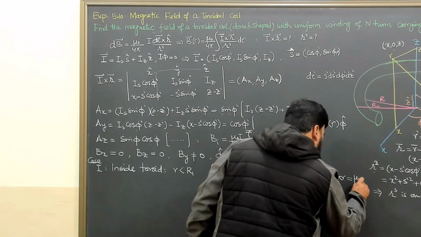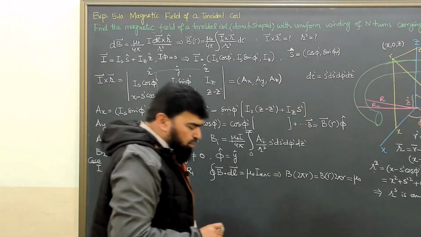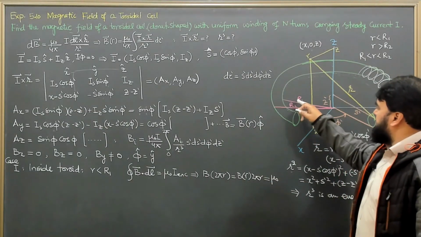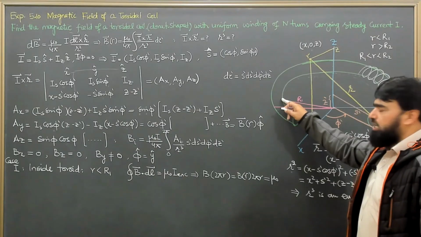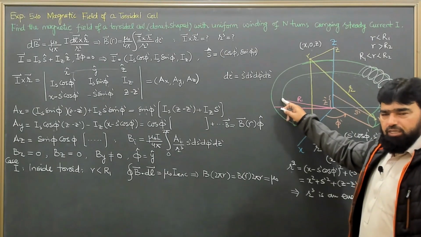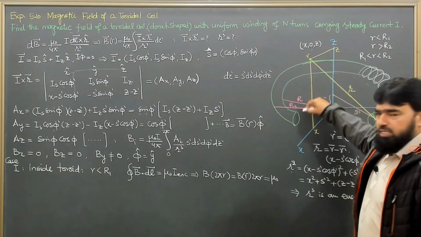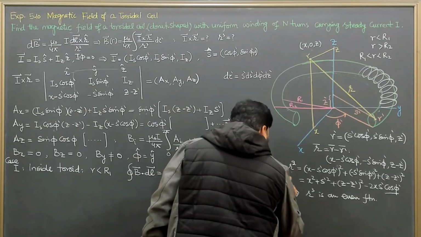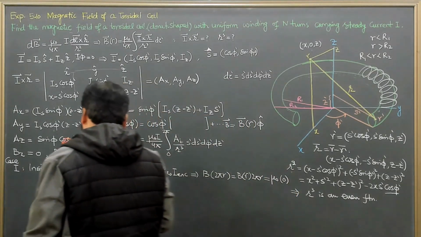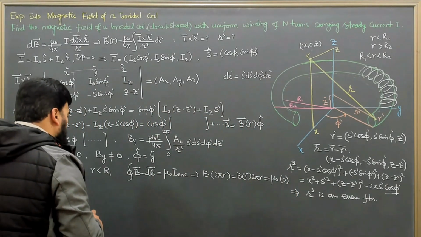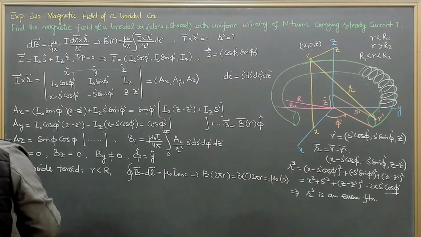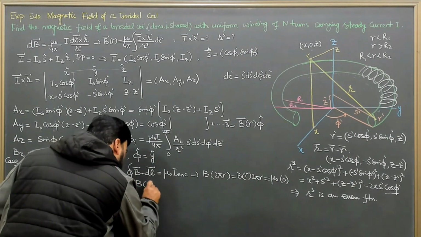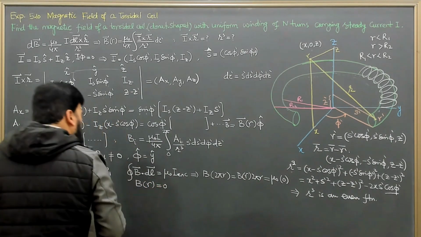Mu naught times how much current is enclosed when we are at a distance less than R1? We are not reaching the toroid. It means the loop is somewhere here, and it is enclosing no current, so we have inside the toroid the magnetic field equal to 0. So B of R is 0 here.